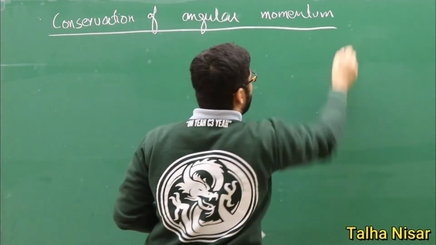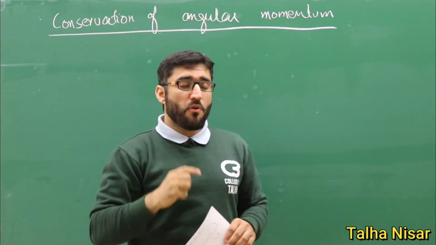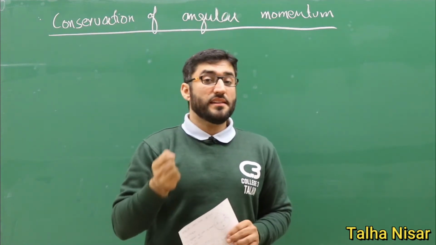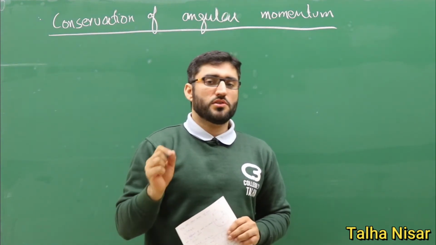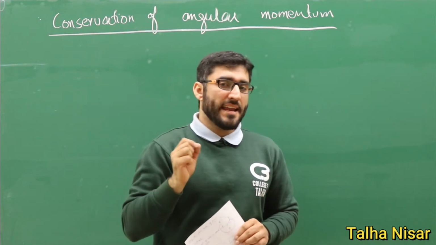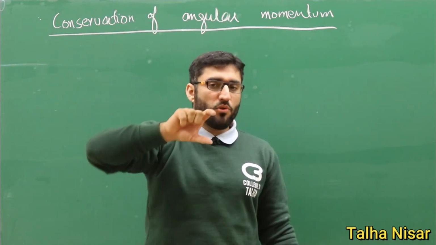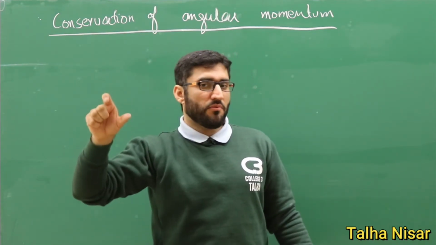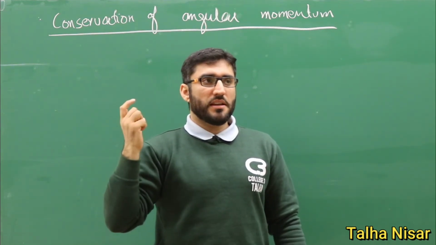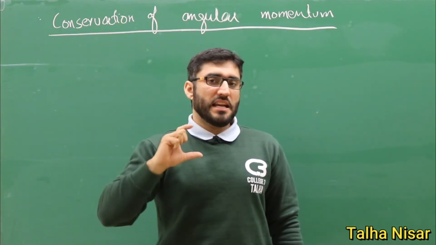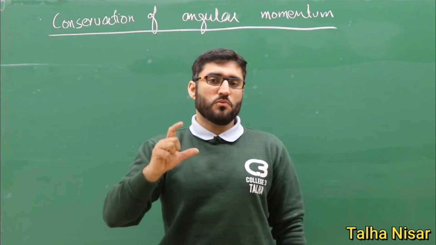In the case of linear momentum, if there is no force on a system, the linear momentum is always conserved. But in the case of angular momentum, we have the equivalent of the force, which is the torque. So if there is no torque on a system, the angular momentum will be conserved.